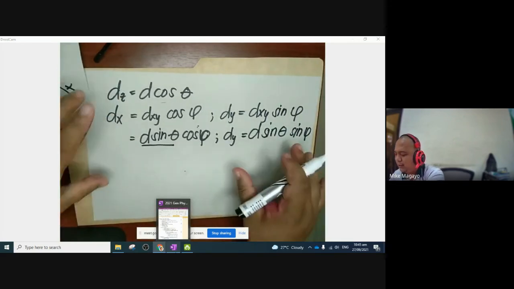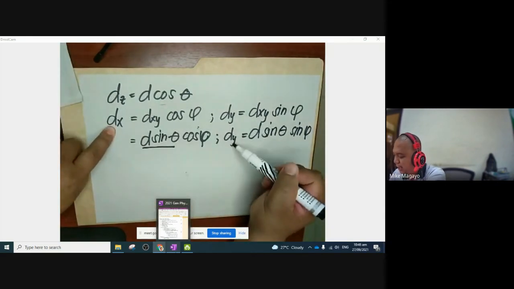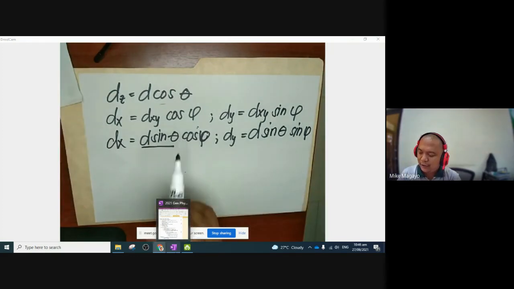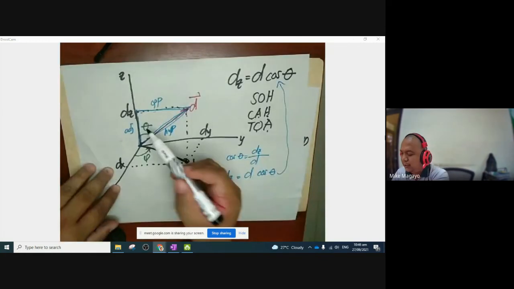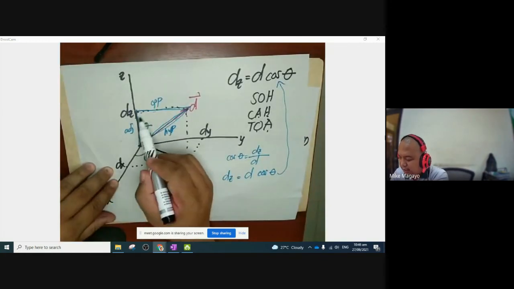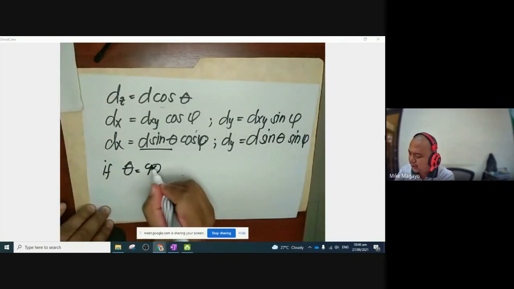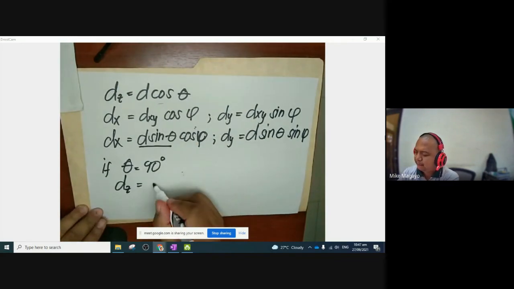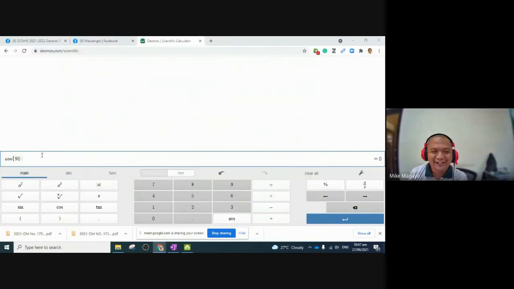So from there, we could plot the vector given the length along x, along y, and along z. If you notice, if theta is equal to 90 degrees, it means that there's no projection along the z-axis. If theta equals 90 degrees, what do you think will happen to dz? Then d cosine 90 degrees is what? What is cosine 90? Cosine 90 is basically 0.